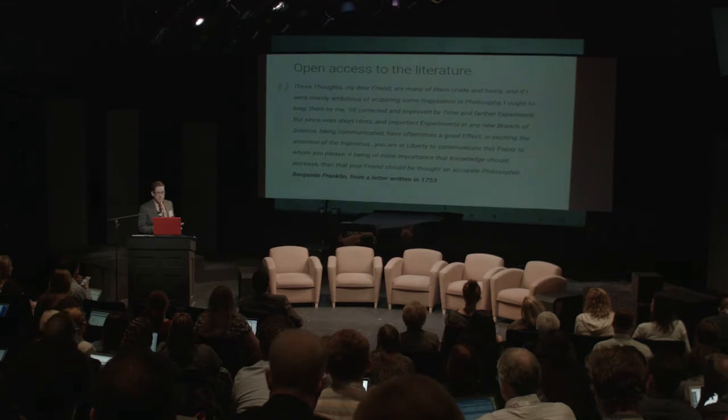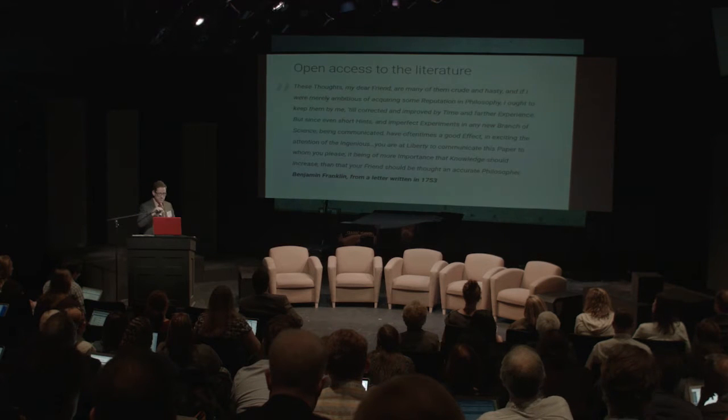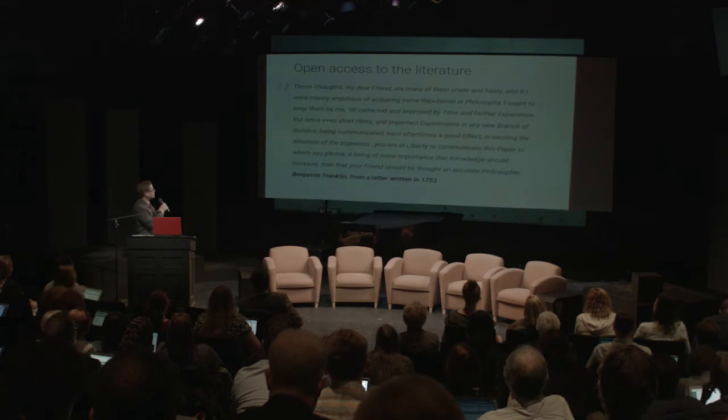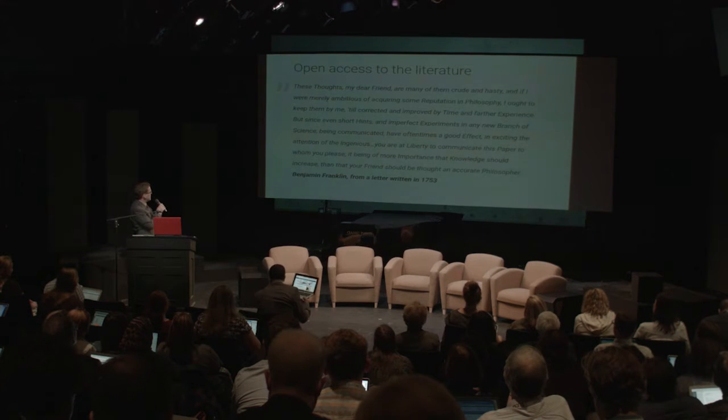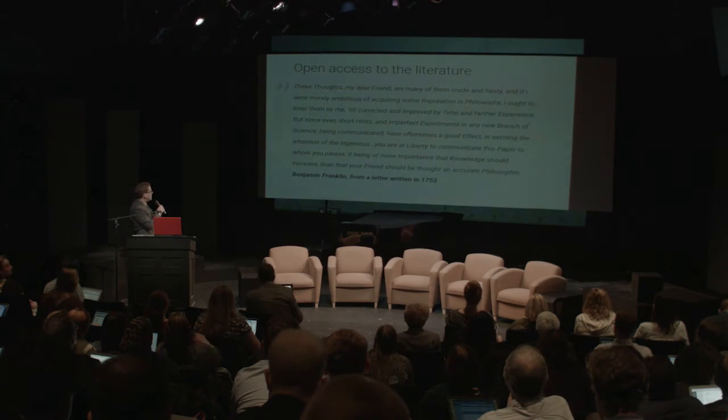this is from a letter from Benjamin Franklin in 1753. You could call it the beginning of the open access movement. He says, "My thoughts, my dear friend, are many of them crude and hasty, and if I were merely ambitious of acquiring some reputation in philosophy, I ought to keep them by me till corrected and improved by time and farther experience.